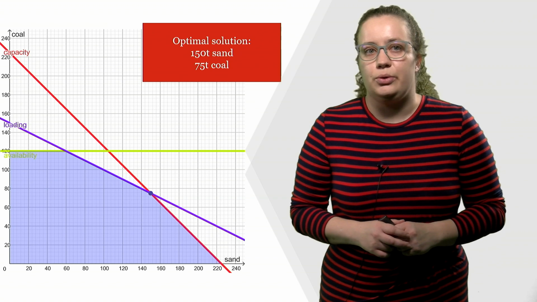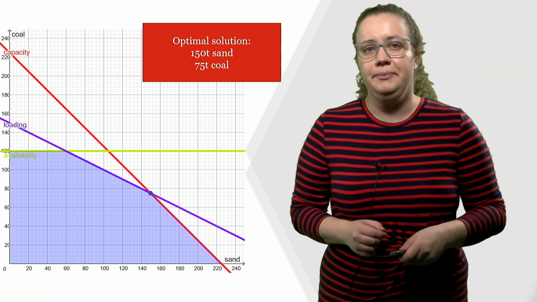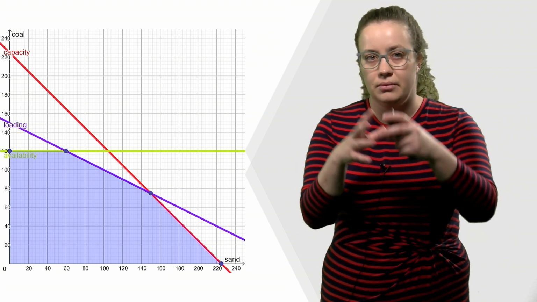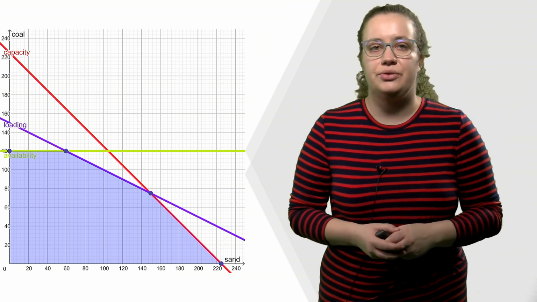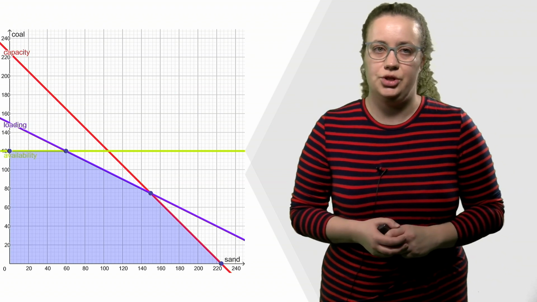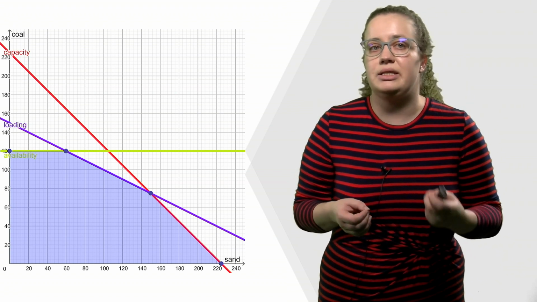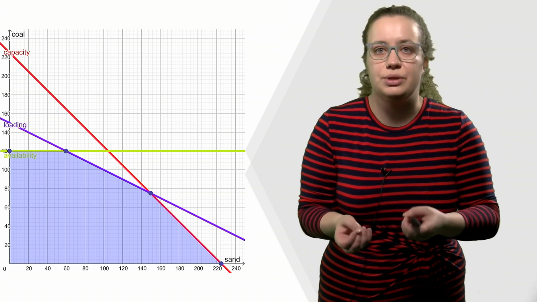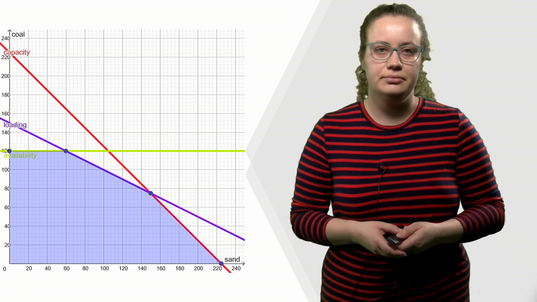We could alternatively also just evaluate all corner points of this feasible area, of this blue polygon, and one of them is going to be the optimal solution. We just have to evaluate how large the objective function value is in each of them and choose the one which has the highest value.